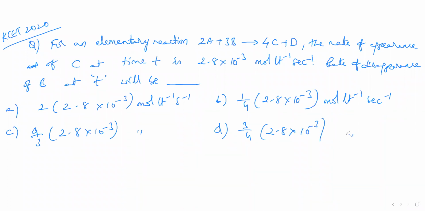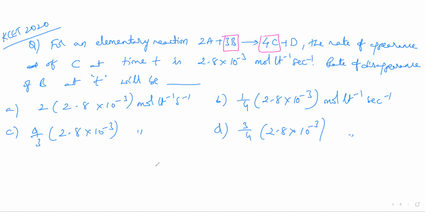Then let us see what we need to find out. Rate of disappearance of B at time t will be? Rate of appearance of C is given. Then what is the rate of disappearance of B?